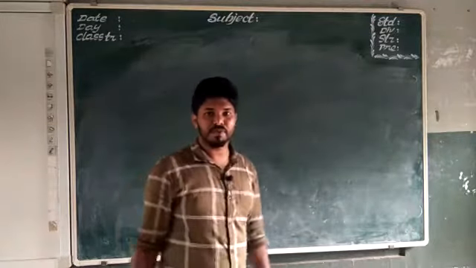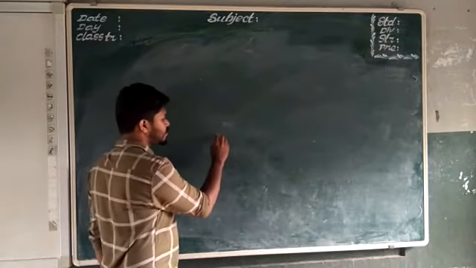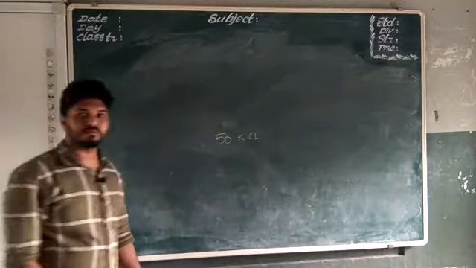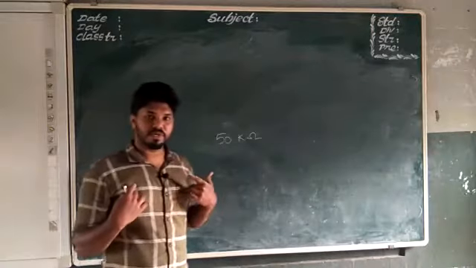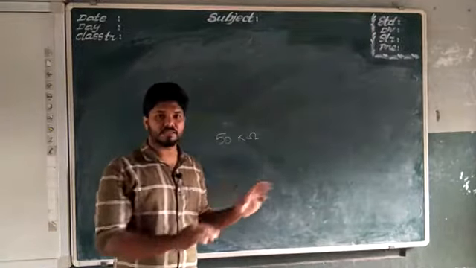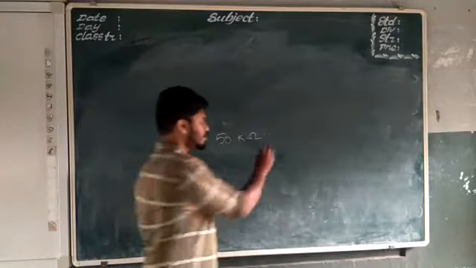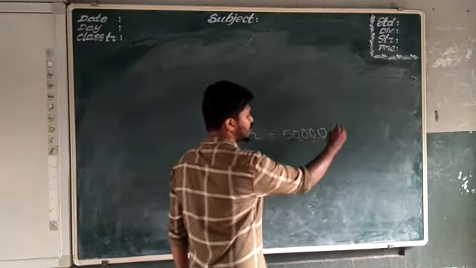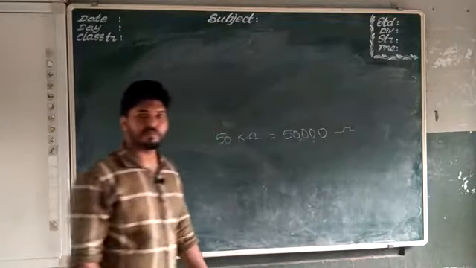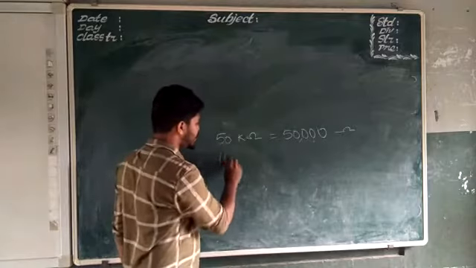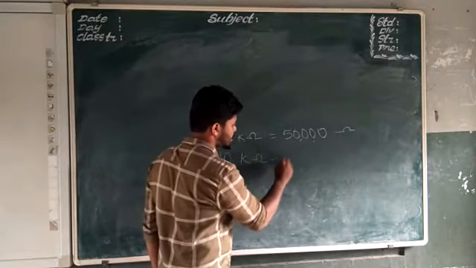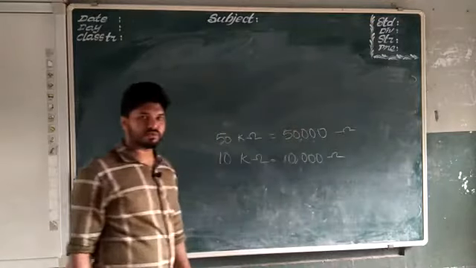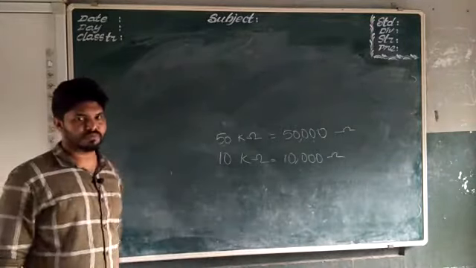A dry human body has a resistance of 50 kilo ohm, which is equal to 50,000 ohm. And a wet human body has a resistance of 10,000 ohm, 10 kilo ohm.